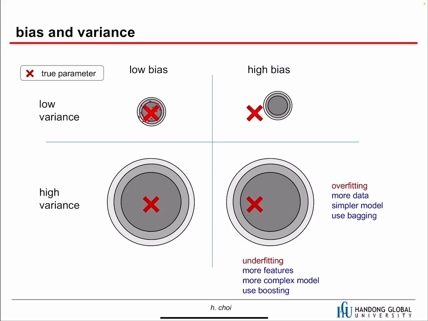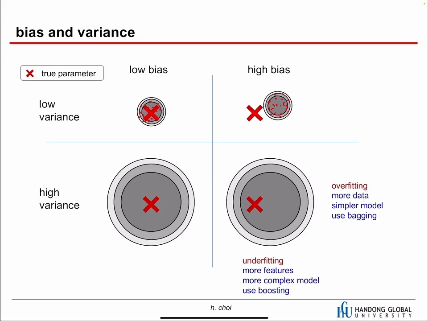Okay, in this case, we got the best model. So we have a low bias and low variance, which means we have a low error. But we have other cases here. When the variance is low, we can have a high bias. Okay, so then the samples are around here.